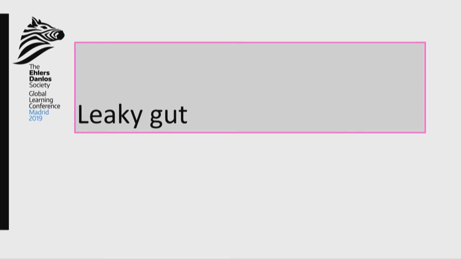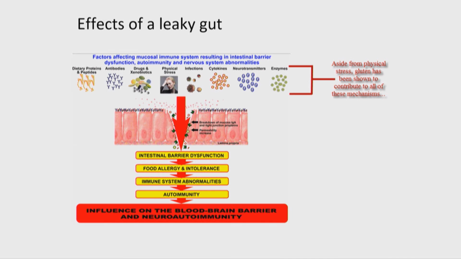And then coming to leaky gut, I have to say that there is no strong evidence that the gut in patients with EDS is leaky. But this is a hypothesis. This is based on current understanding of the literature. I feel that it is likely to be a factor in some of the patients that we see.